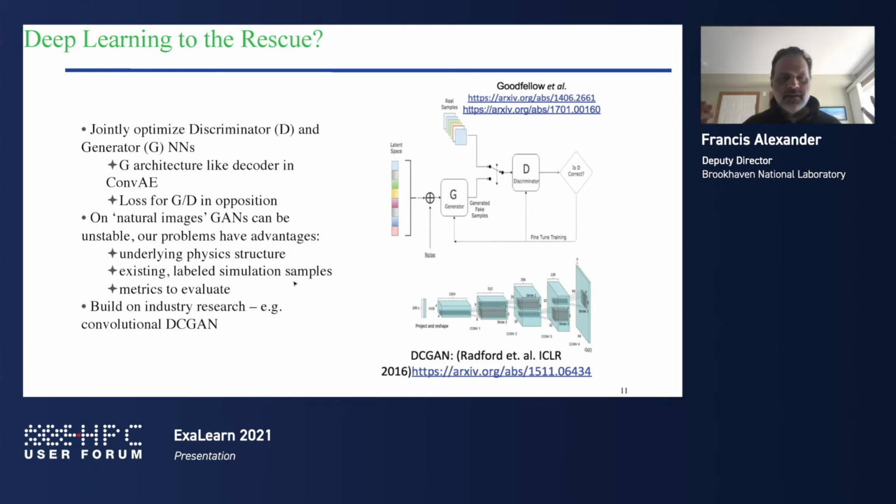The generator creates these images, and a discriminator says those are fake or those are real. As time goes on, the generator becomes more successful at generating fakes, and the discriminator becomes more successful at determining whether something is fake or not. They both become better at doing what they do.